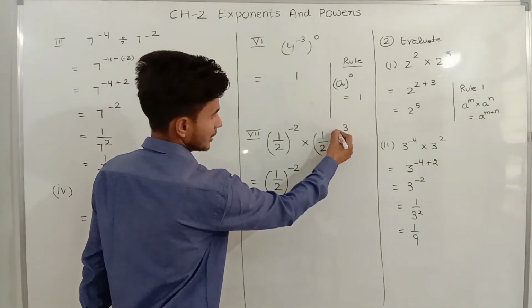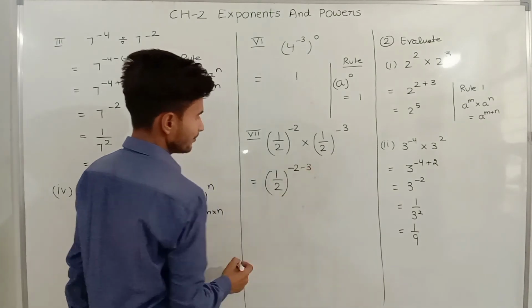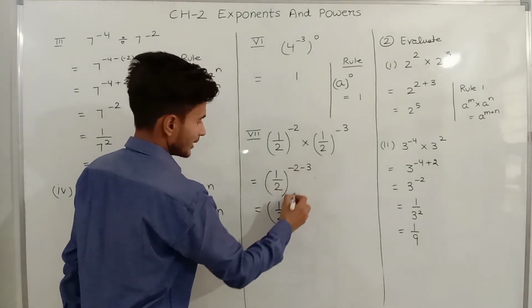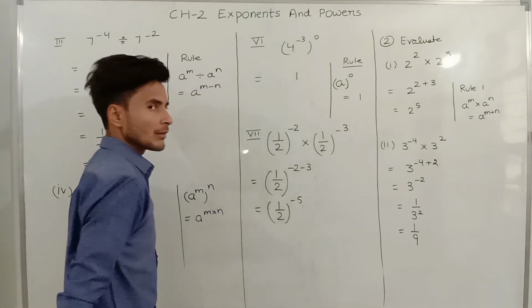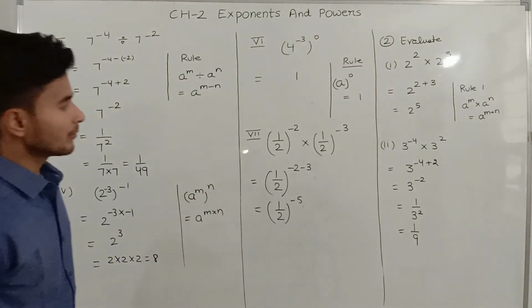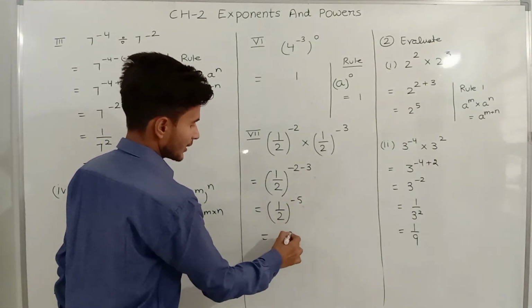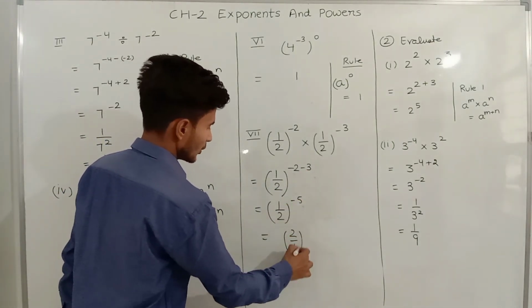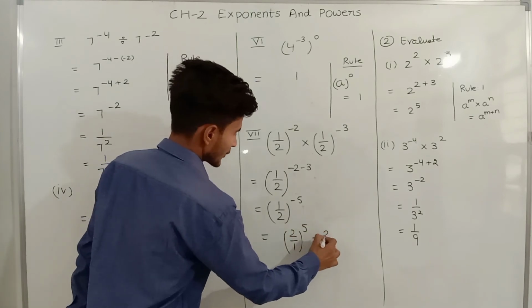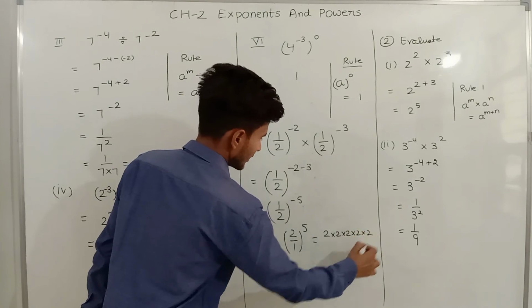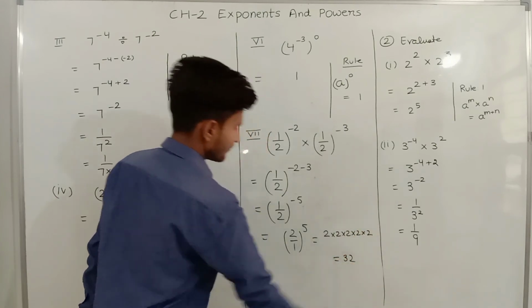Minus 2 minus 3, so 1 by 2 whole power minus 5. Power is negative, so we can make it positive. 2 upon 1 whole power 5, that equals 2 into 2 into 2 into 2 into 2. It will become 32, which is your answer.